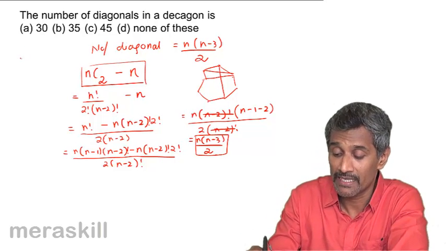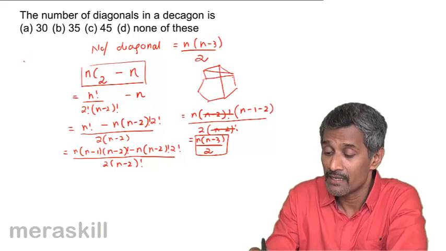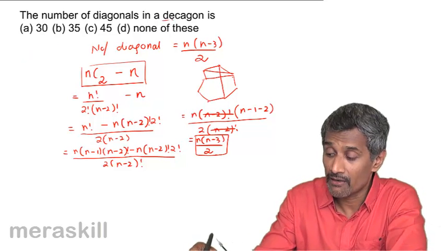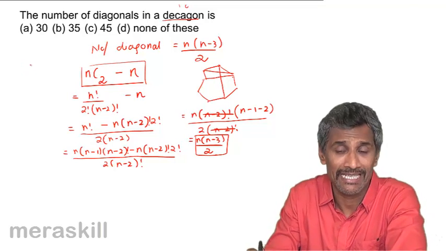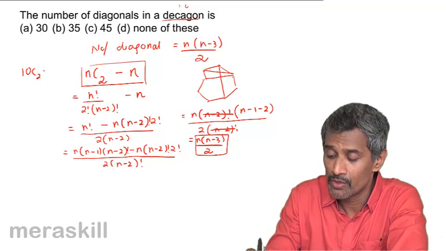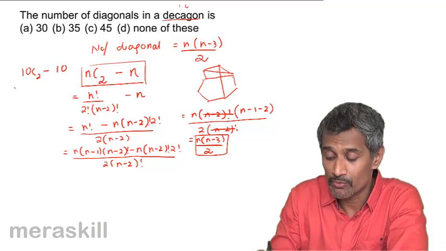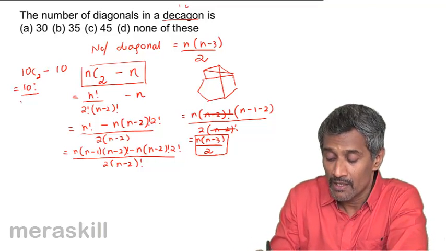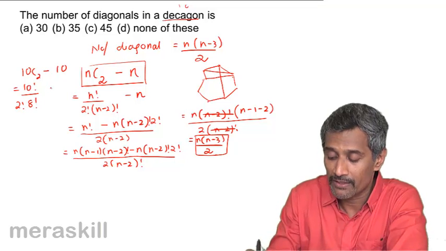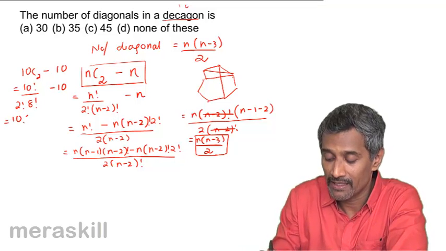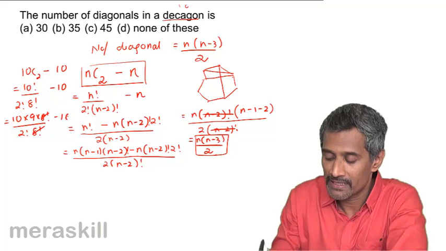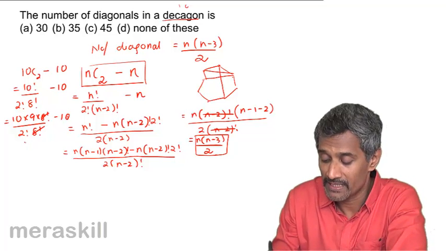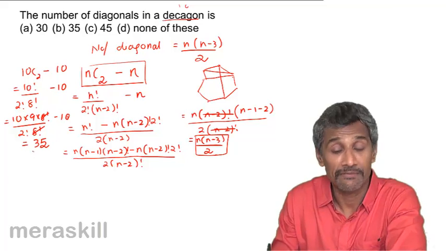For example, in this case, decagon means there are 10 sides, which means there are 10 points. So it's going to be 10C2 minus 10, which is 10 factorial upon 2 factorial into 8 factorial, minus 10, which is 10 into 9 into 8 factorial upon 2 factorial into 8 factorial, minus 10, which is 90 by 2, 45, minus 10, turning out to be 35.